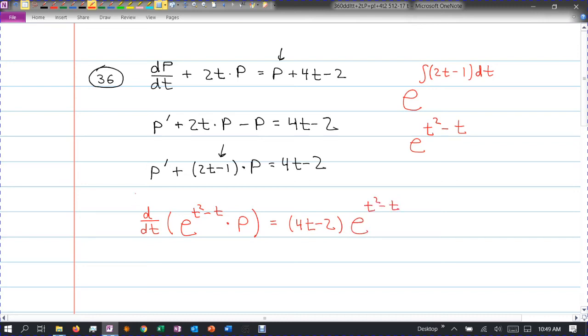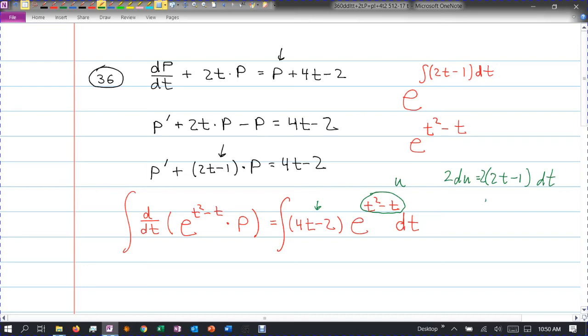And now I need to integrate that with respect to t. And we'll notice that this piece right here, if we call that u, the derivative of that is just going to be 2t minus 1 dt. And we almost have that right here. We have 4t minus 2. So if I multiply both sides by 2, we have it.